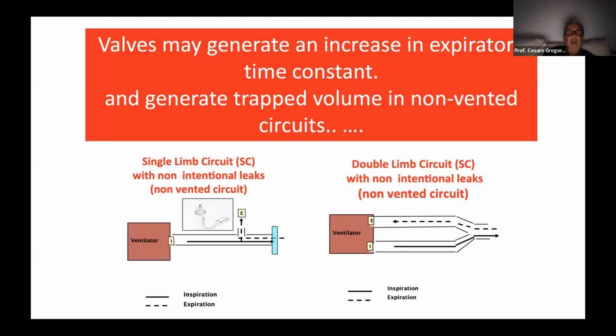But we have a pain in the neck. The pain in the neck is generated by valves, unfortunately. Valves are important. They govern inspiration and expiration. All the ventilators for ICU have valves, as do the home care ones, but they can generate trapped volume. I will show why.